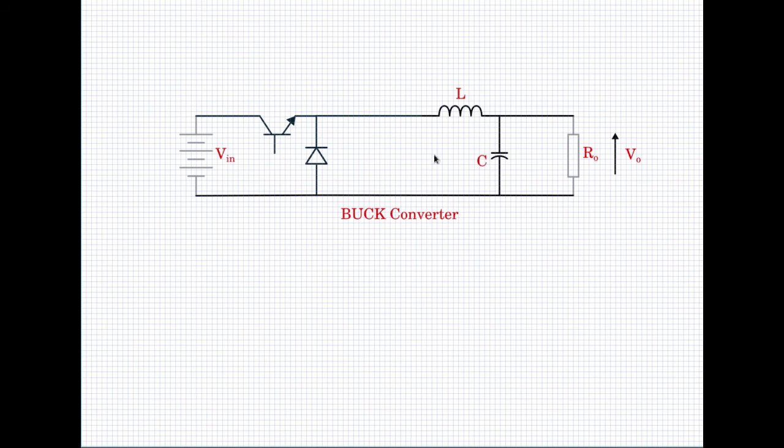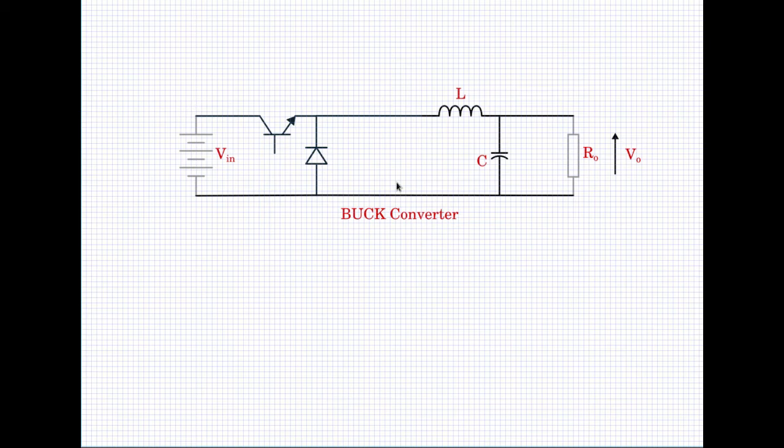This is the buck converter circuit, which you are by now very familiar with. We will be starting from this non-isolated buck converter and developing the forward converter, which is an isolated converter derived from this buck converter.